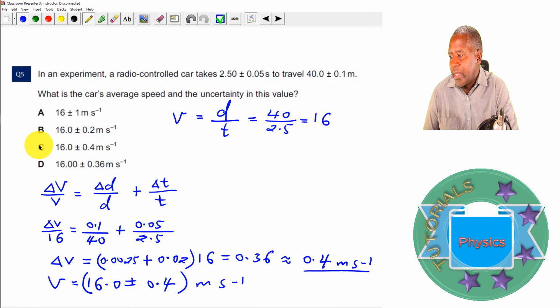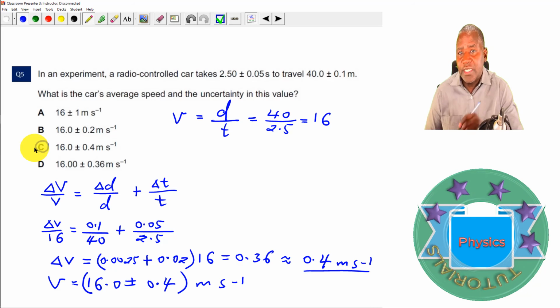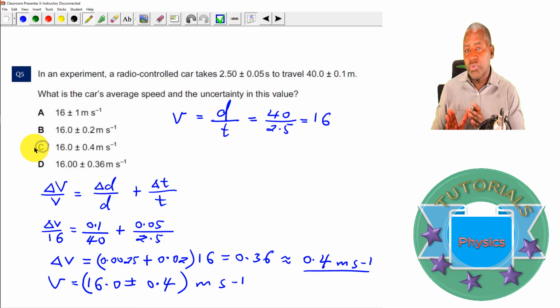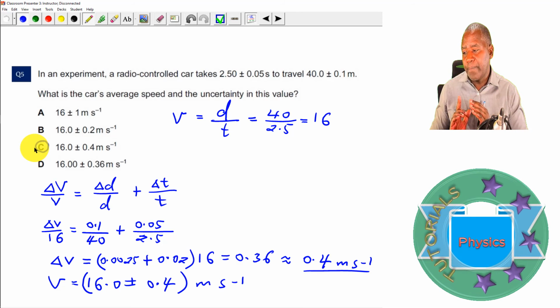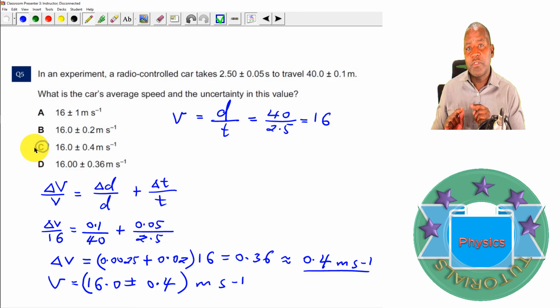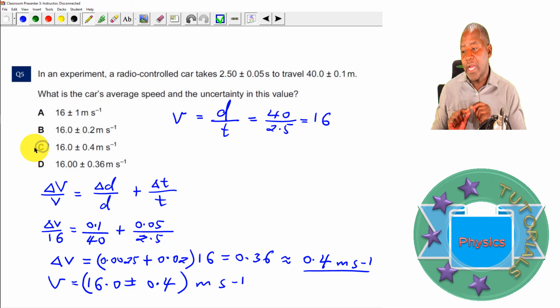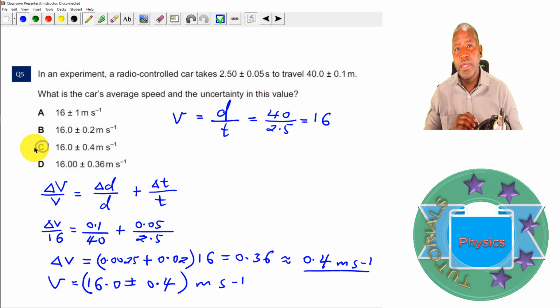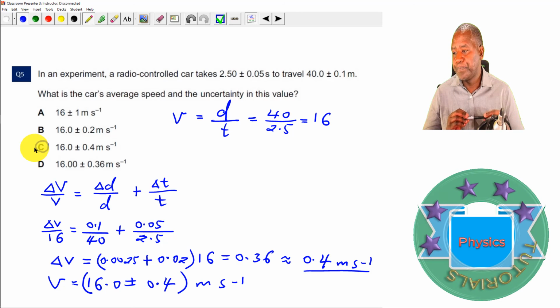And that is why C is the correct answer. So you see how knowing how to write the number of significant figures in the absolute uncertainty dictates how we should write the value that we have just calculated.